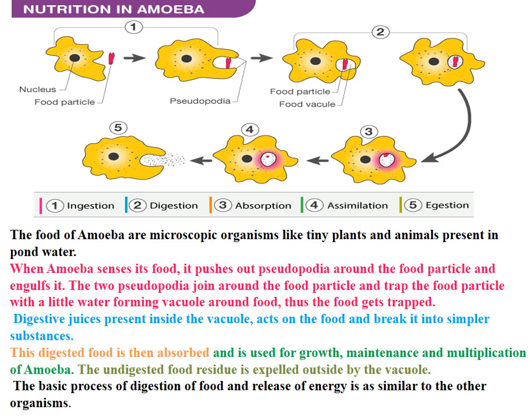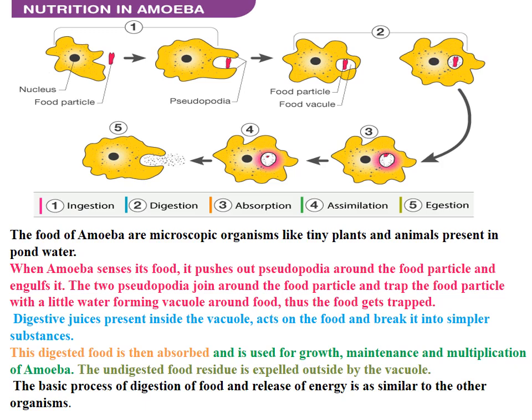These may be the undigested food which cannot be digested by them. With that undigested particle, they make another vacuole, known as the contractile vacuole. Through this contractile vacuole they expel the undigested food from their body.